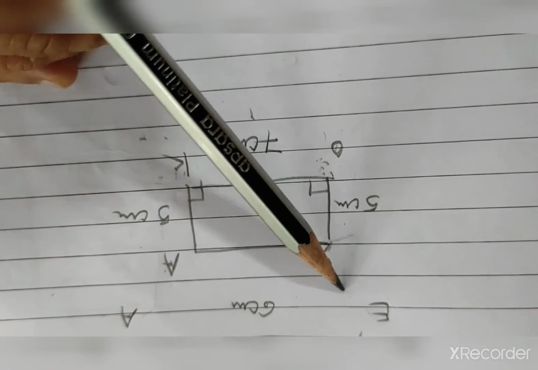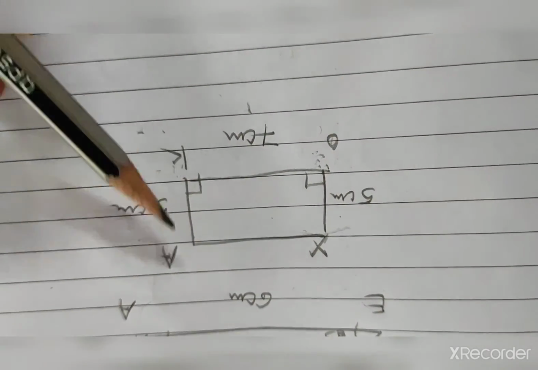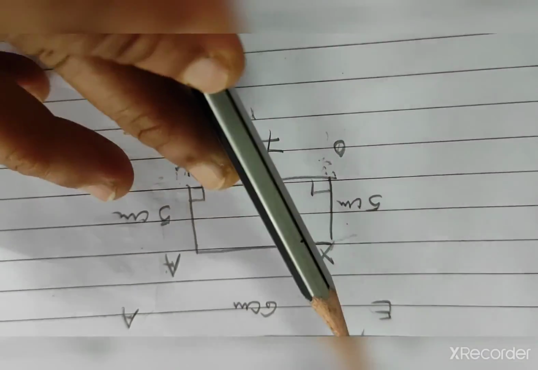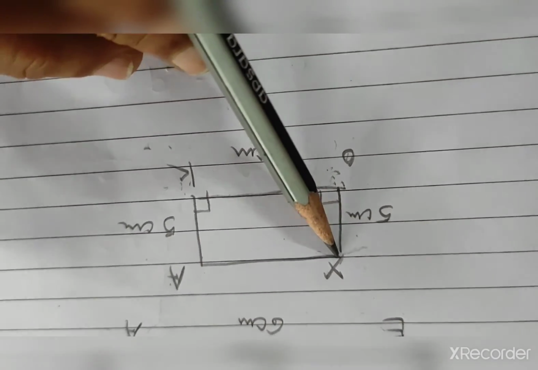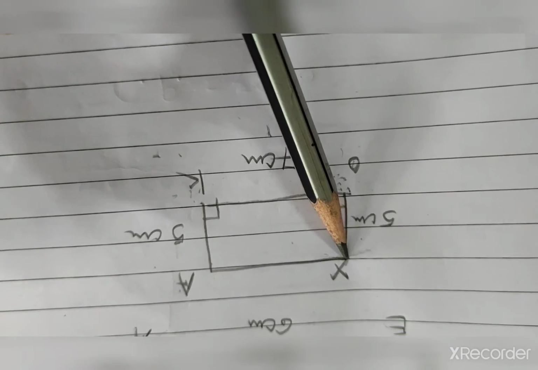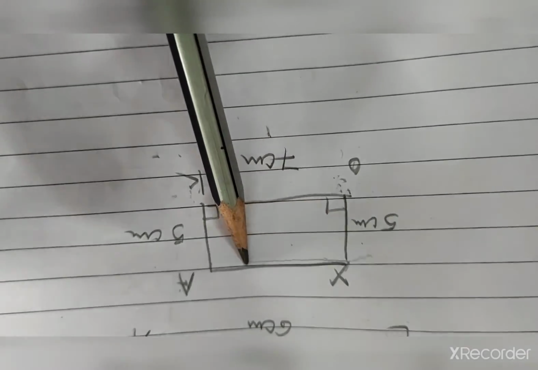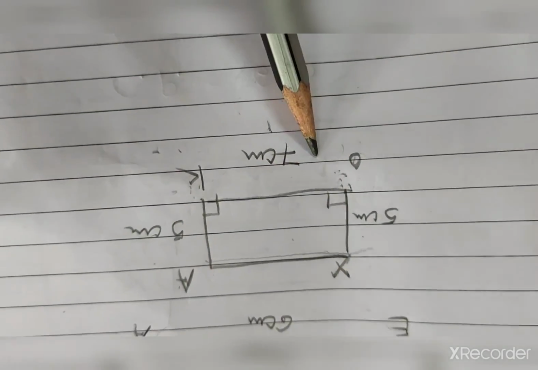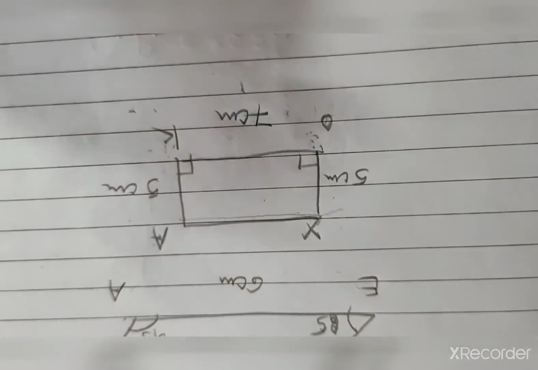So from here you will take a 5 centimeter arc, join. So you will get Y and A. Now at the intersecting point of the arcs, join with this, you will get the rectangle. And if you have any query you can ask me.